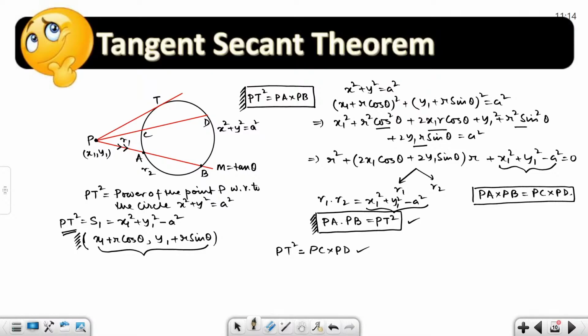Now, let us assume that this point P be inside the circle. My question is, then also this relation holds true. That's the question. So what I'm doing, let us say a point P inside the circle.